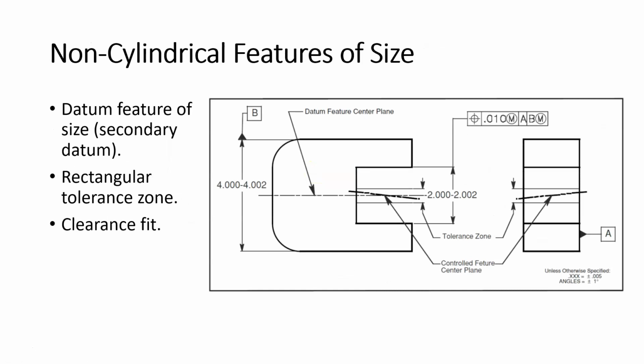All right, the last couple things we're going to look at are non-cylindrical features of size, right? So we've been focusing really on holes, mostly holes, a little bit of cylinders. But we can, of course, control the position of non-cylindrical features of size. So in this case, we're looking at a slot or a notch, right? And we deal with it the same way.